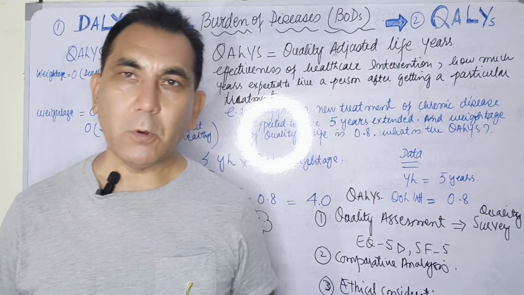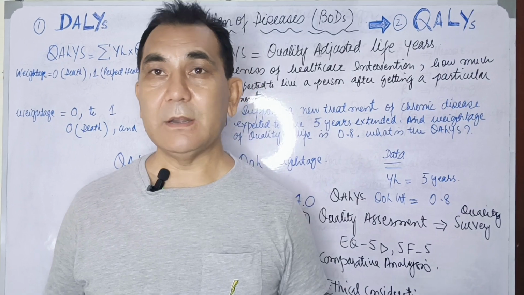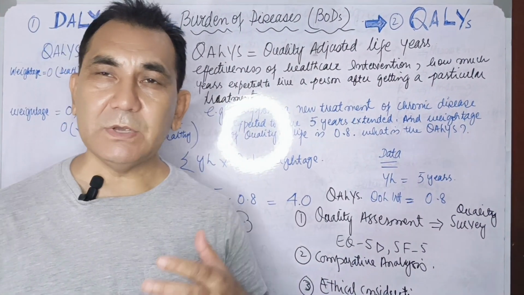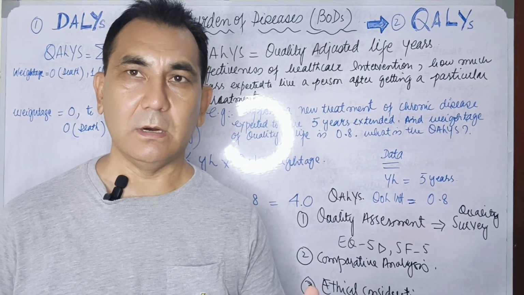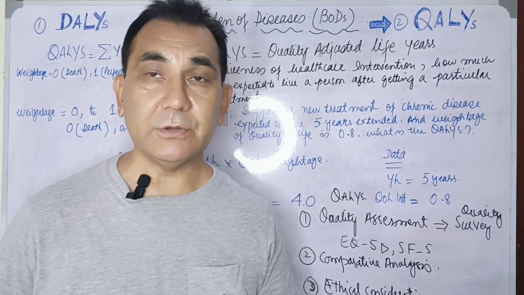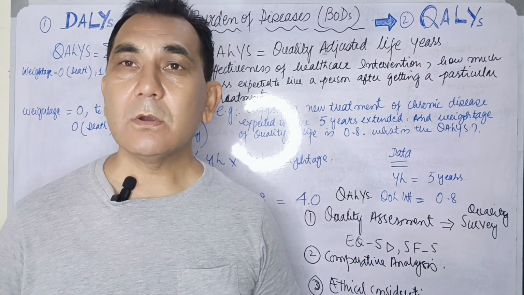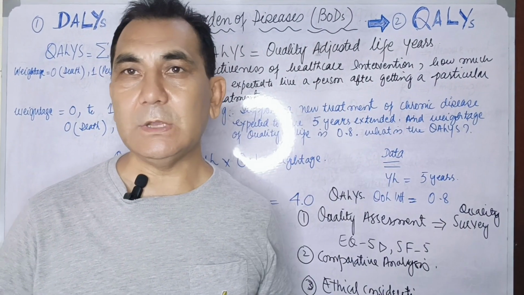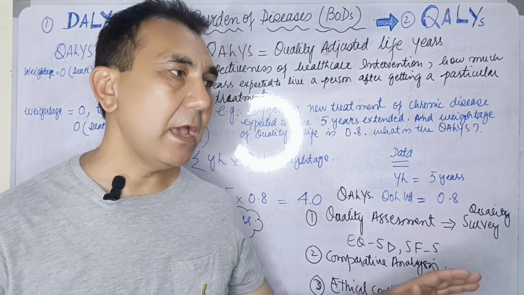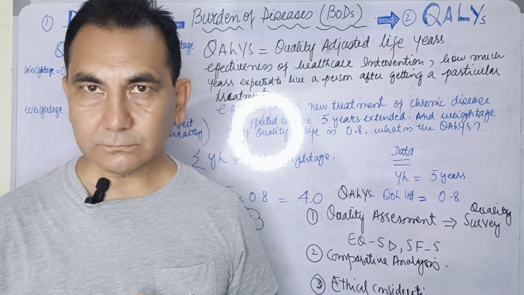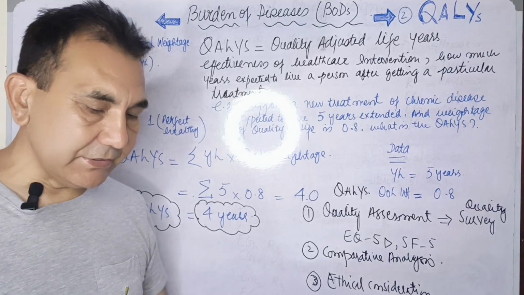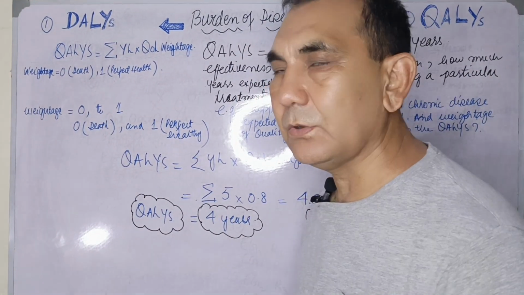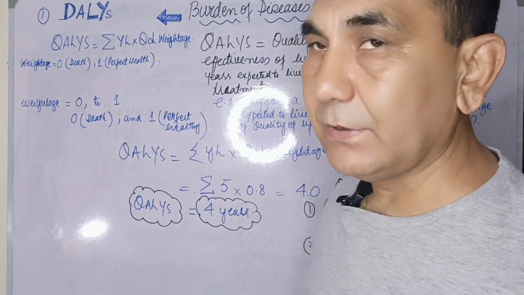While choosing at the policy making levels or as a healthcare provider, they can choose which treatment or health intervention gives cost effectiveness and will increase the expected life of the individuals or the populations as compared to the other ones. And the ethical consideration is also intact in this while they are using the quality adjusted life years.